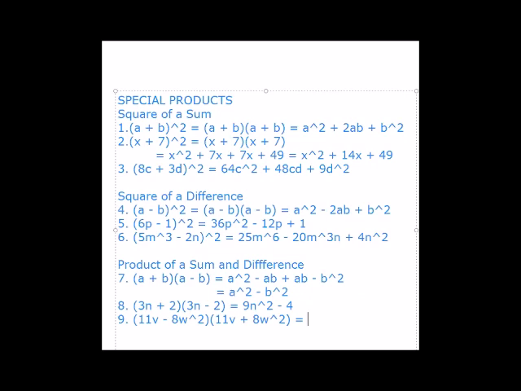So the terms are 11v and then 8w squared. Jude, would you like to share your answer? Yes, please. 144 v squared minus 64w squared. Okay, raised to the fourth.